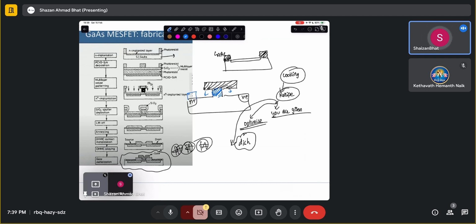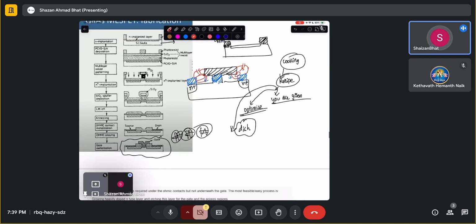Then if you have another metallic layer here, another metallic layer here, you want these gaps to be large enough in order to avoid any parasitic capacitances or even short circuits. So these are just how you make the devices. That's a different thing. How it comes into the picture of a circuit, that is what mostly we have to deal with. So this is dealt with in fabrication.